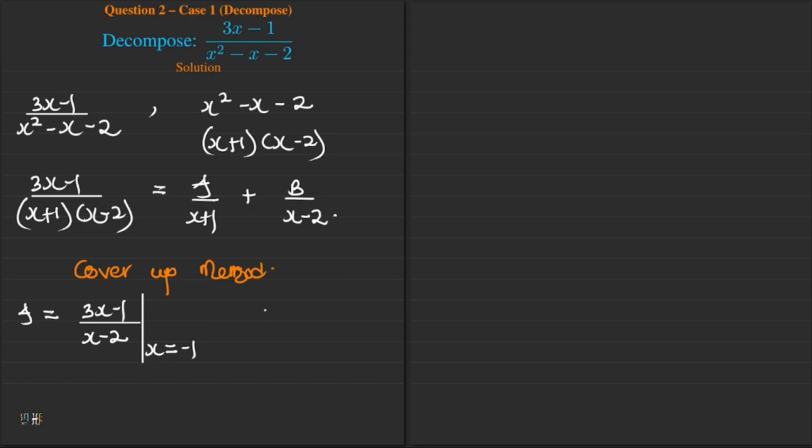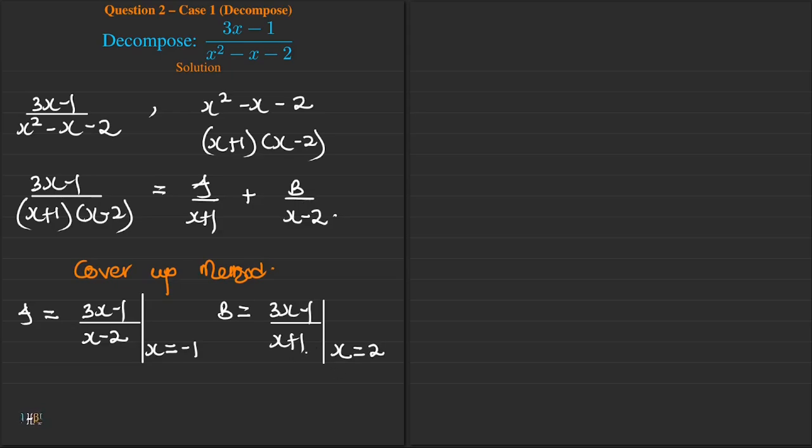Then our B is going to be equal to the same thing, that is 3x minus 1 all over, excluding the denominator of B, and that is x plus 1. We are evaluating at the value of x that makes what? The denominator of B equal 0. So that is x equals 2.